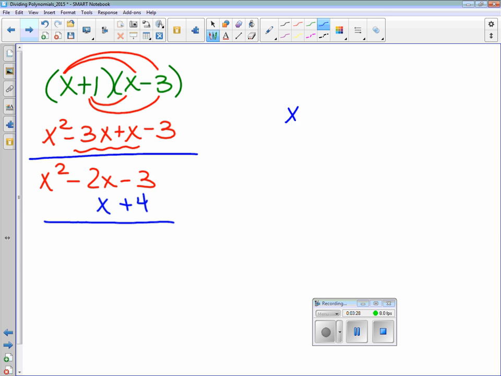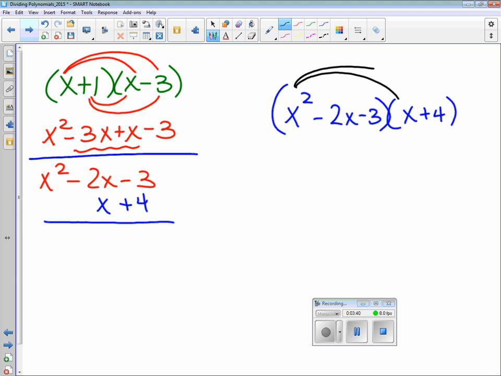So if we do it the distributing way, which is totally fine, you're just going to take the first term and multiply it times everything. What is x squared times x? X to the third. Good. And then what is x squared times 4? 4x squared. Good.